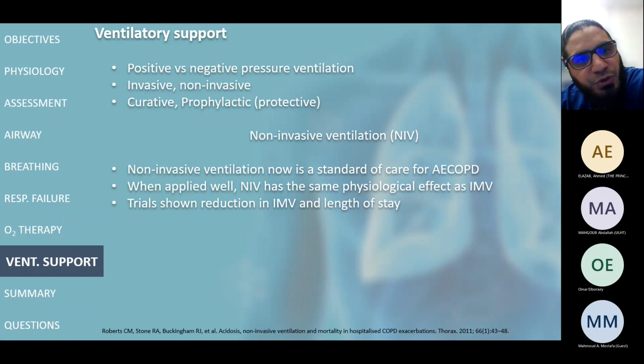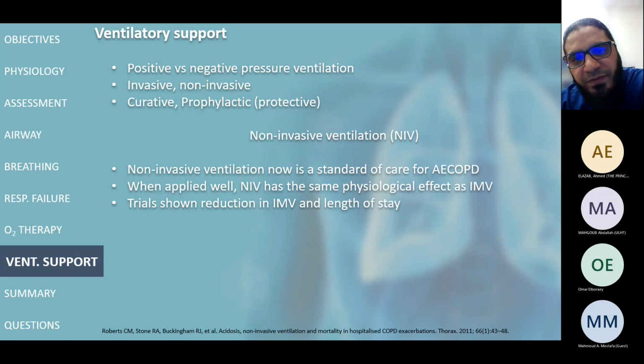And this ventilatory support, the positive pressure ventilation, can be either invasive by endotracheal tube or tracheostomy, or non-invasive by a mask or a helmet, and it can be used as a curative respiratory support, or a protective one for the airway and the lungs.